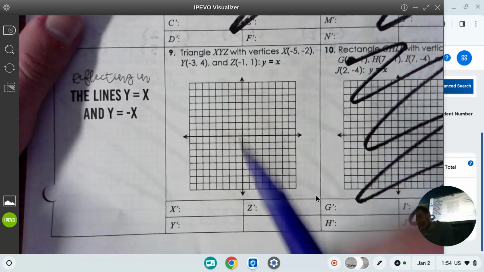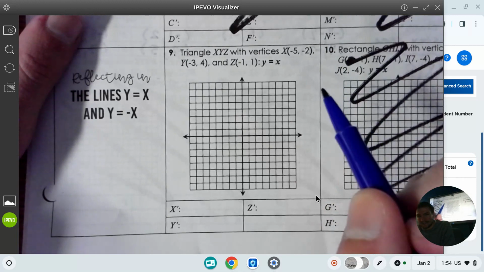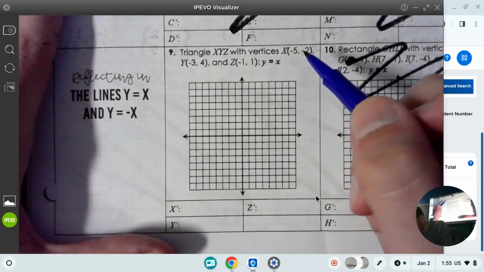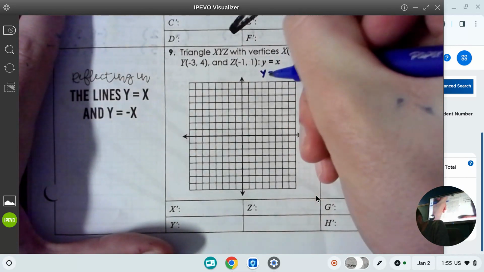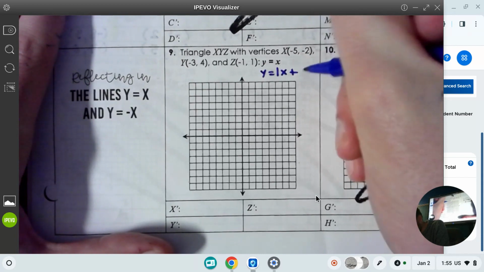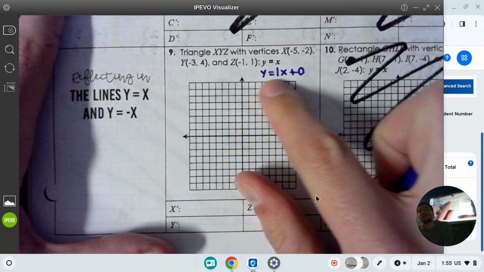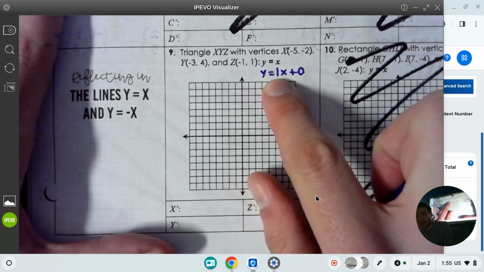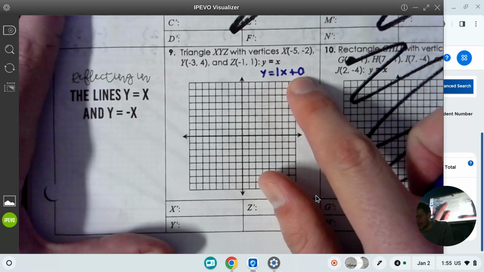Now, the line y equals x is not the x-axis. It's not the y-axis. Y equals x is the same as y equals 1x plus 0, if I think about slope-intercept form, where I have a slope of 1 and a y-intercept of 0.